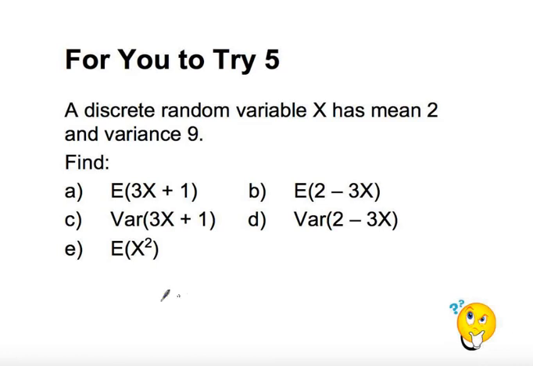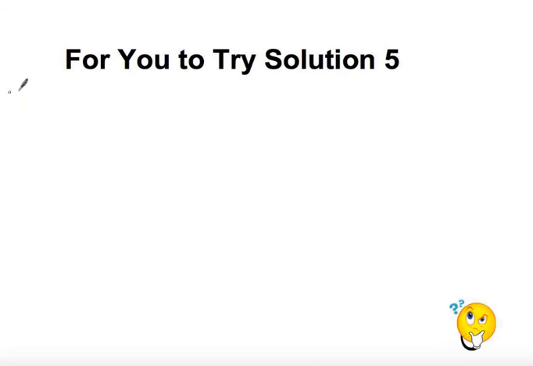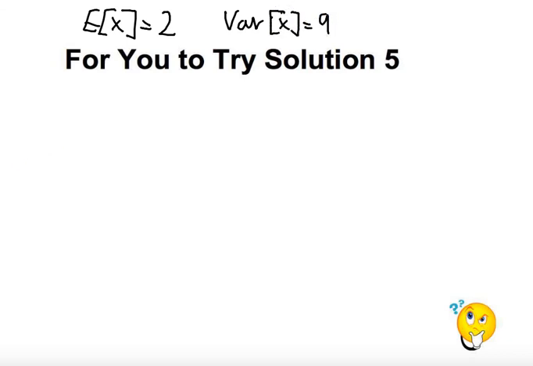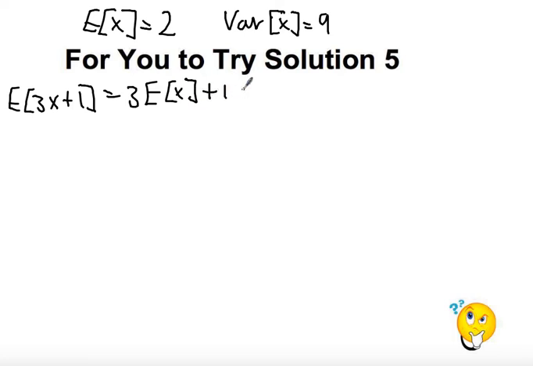Okay then, so let's have a look at my solution. Just a note quickly, expectation of x we stated as 2, and this time we said the variance of x was equal to 9. So starting with expectation of 3x plus 1, I get 3 times the expectation of x plus 1, so I get 3 lots of 2 plus 1, so 6 plus 1 is 7.